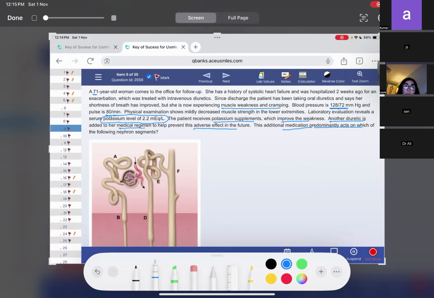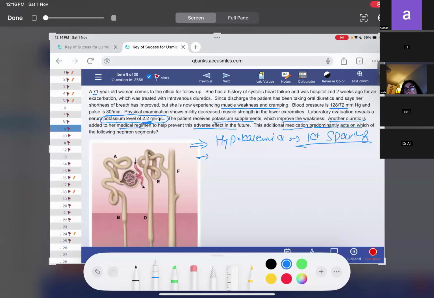So now you are going to tell me which medication they are going to add. Maybe Lasix or furosemide, or maybe spironolactone, because the patient has gone into hypokalemia. So we are going to give a potassium sparing diuretic along with a loop or thiazide diuretic. They don't mention whether the diuretic is thiazide or loop.